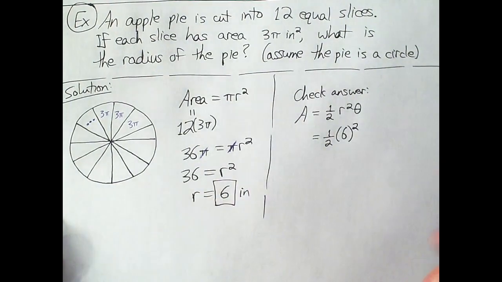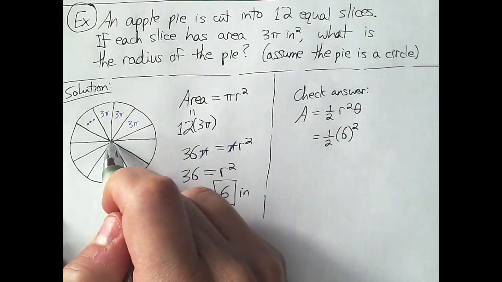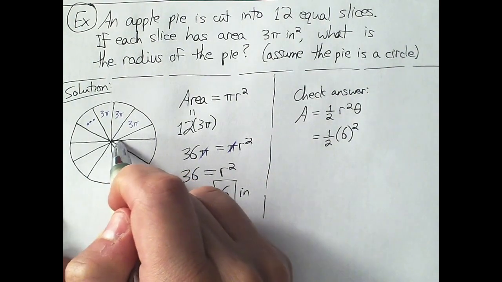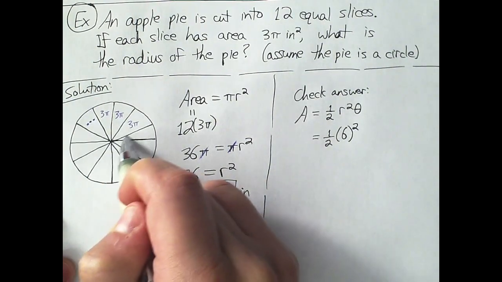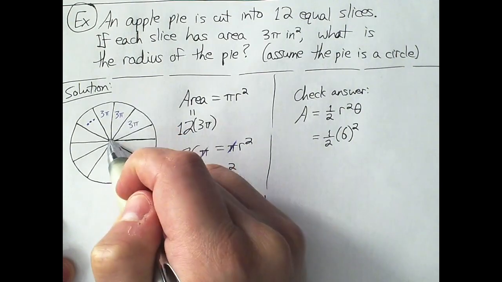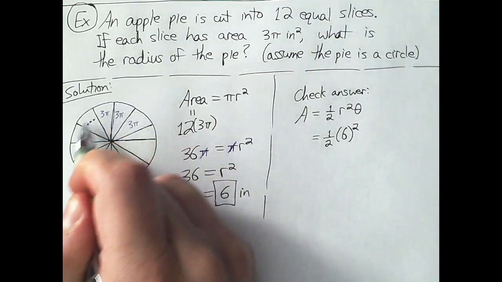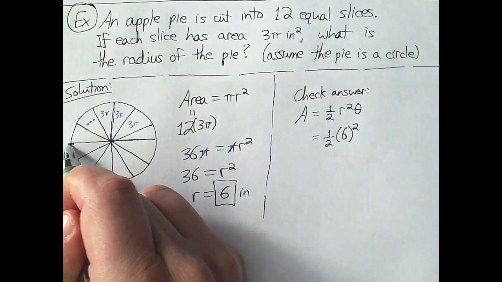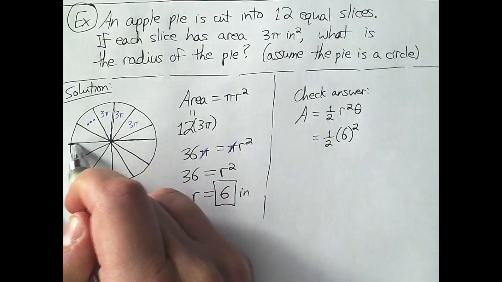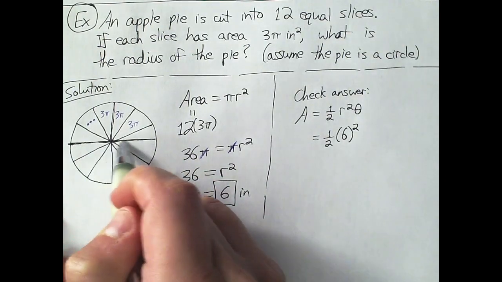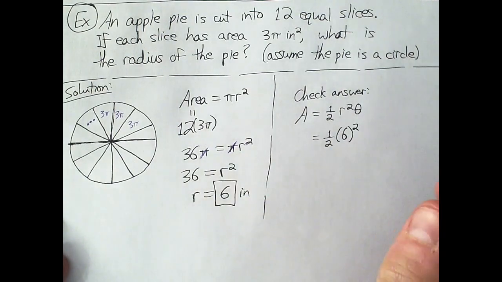Well, if we're going to get 12 equal slices, we could do this angle, do it again, do it again. It looks like there's 6 of them by the time you get over here. You can use what you know from previous lessons from the unit circle.